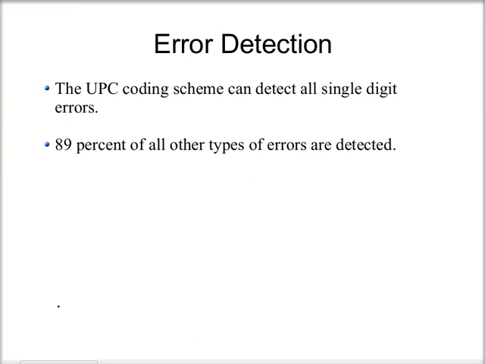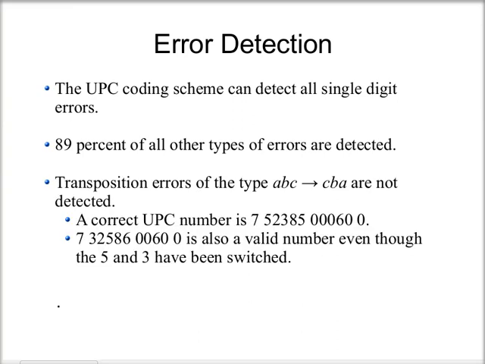So let's talk about error detection for UPC codes. UPC codes can detect all single digit errors where just one digit is typed in wrong. And it can detect 89% of all other types of errors, including most transposition errors where 2 digits are switched, but not all transposition errors.